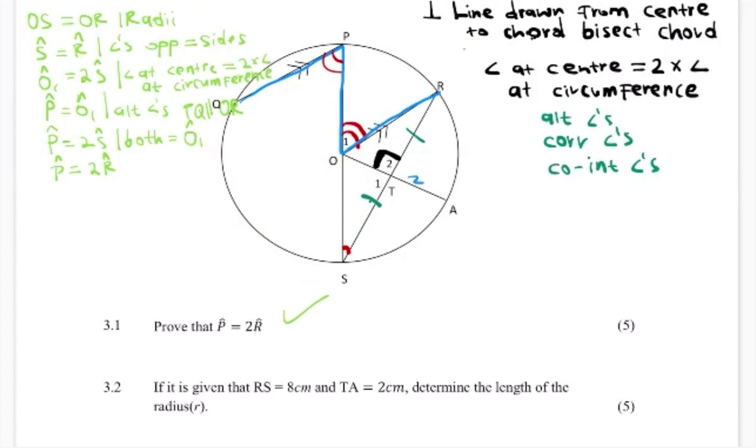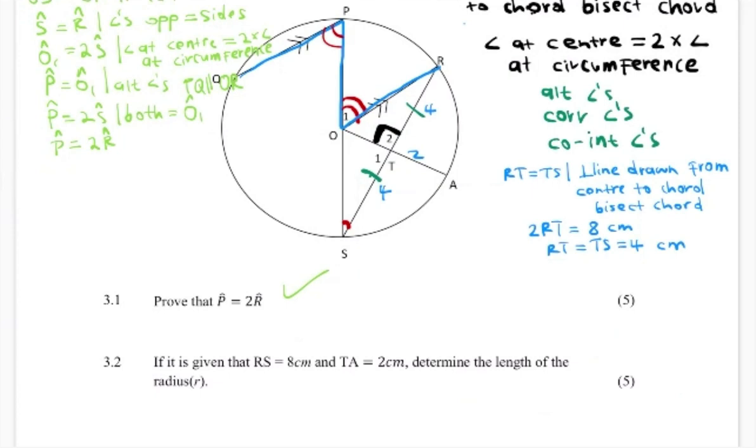Because we know that RT is equal to TS, we can divide that 8 centimeters into 4 and 4. We have to give that information first before we can say TS is 4 and RT is 4. We have to give the evidence first.